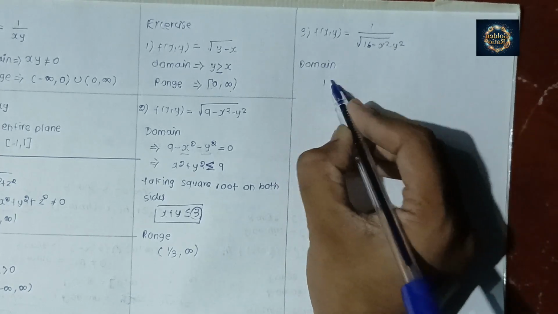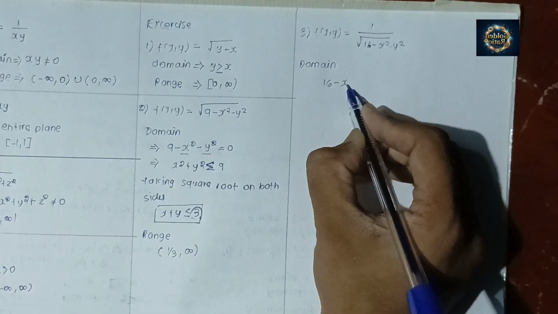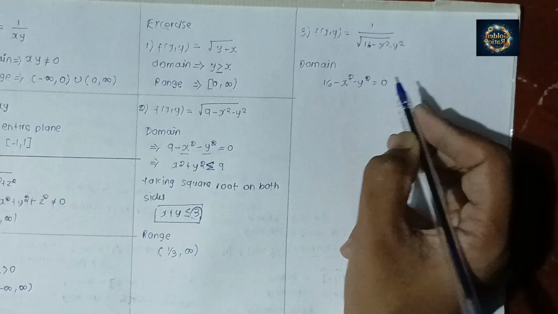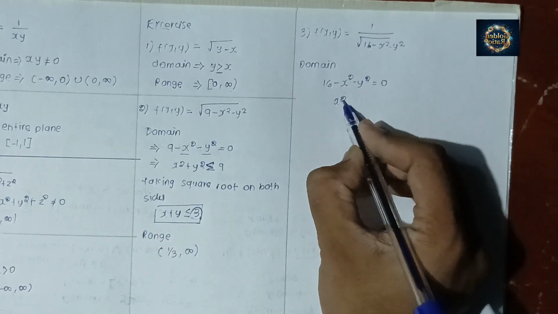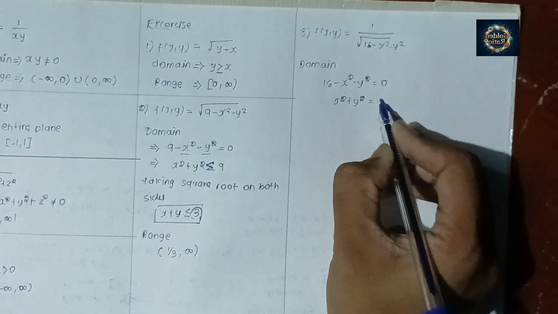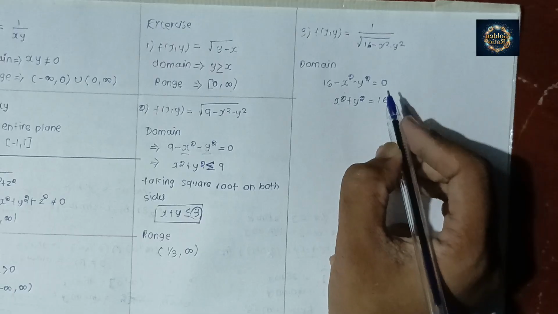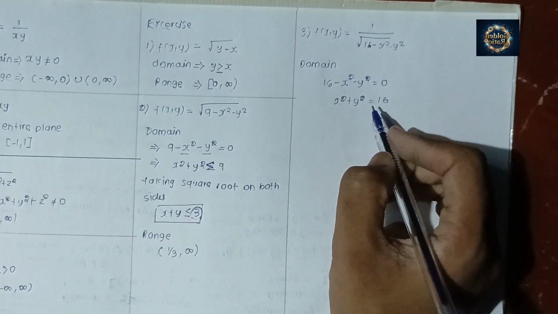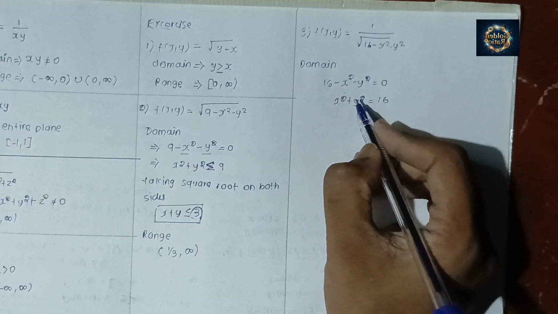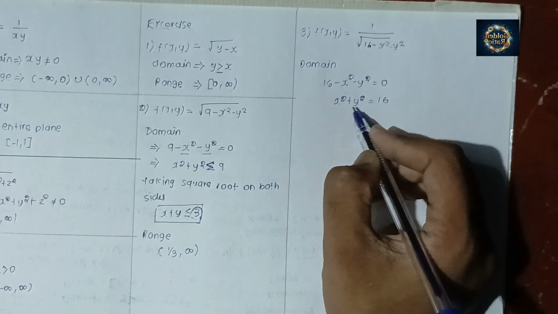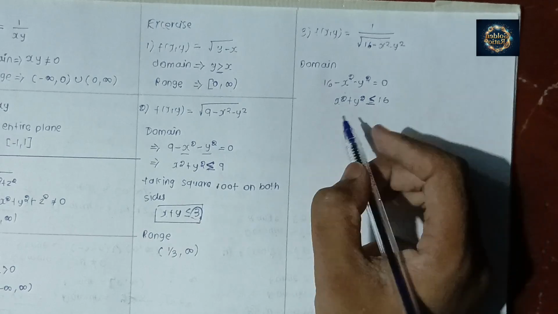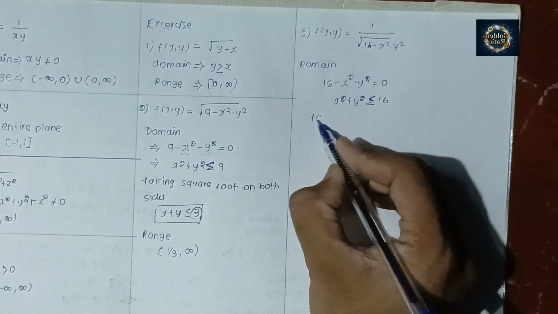I take the function inside the square root and set it to 0, so I get x square plus y square equal to 16. To avoid the formation of complex numbers, I have to form an inequality: the sum of these two squares must be less than or equal to 16.